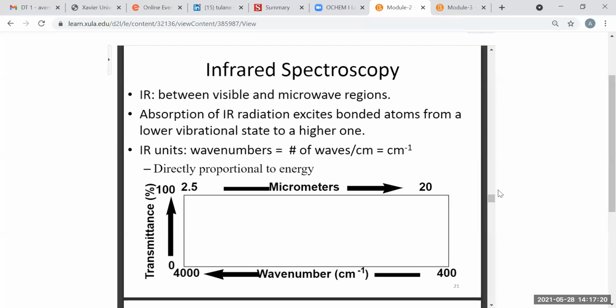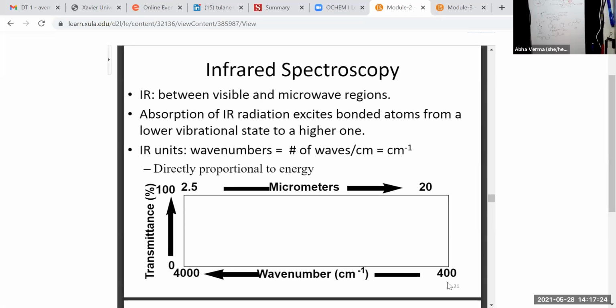The IR region is between visible and microwave region of the electromagnetic spectrum. And for all our information, it lies between 400 to 4,000 range. Now on this very chart, I wanted to explain to you what this means for us.